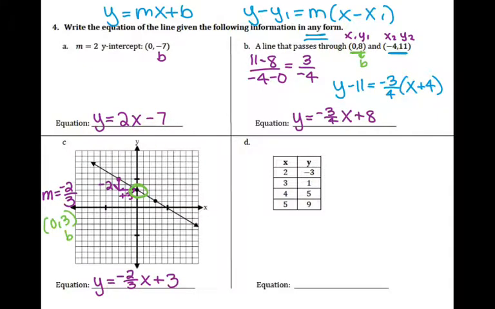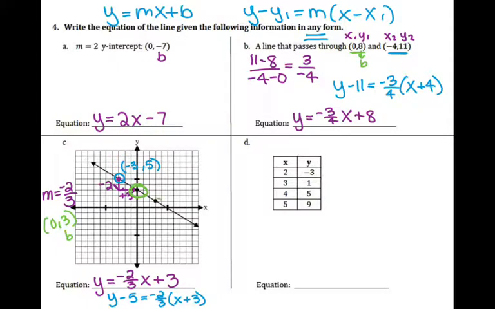Now let's say I wanted to use point-slope form, say with this point over here, the coordinates of that point are negative 3 and positive 5. So I'm using the same slope. So I would do y minus my y equals m, still negative 2/3 because we're on the same line, and x minus negative 3 becomes x plus 3.